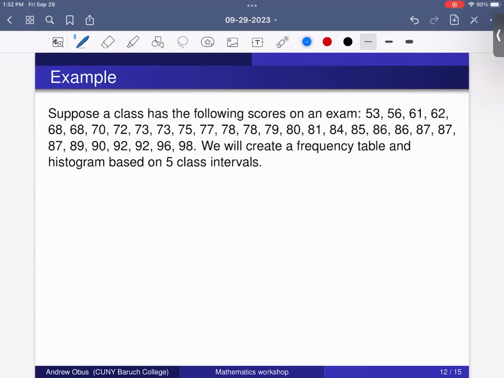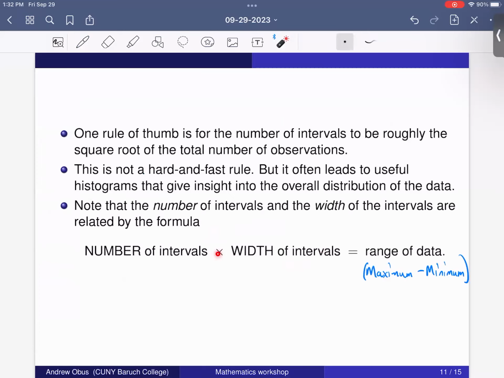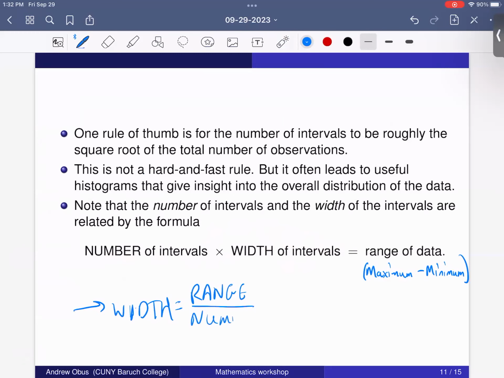Here we have 5 class intervals. What's going to be the width of each interval? If we divide by the number of intervals on both sides, the width is equal to the range divided by the number of intervals.